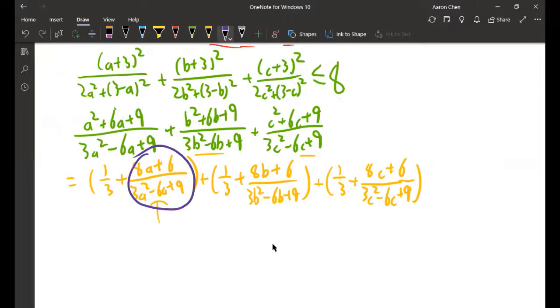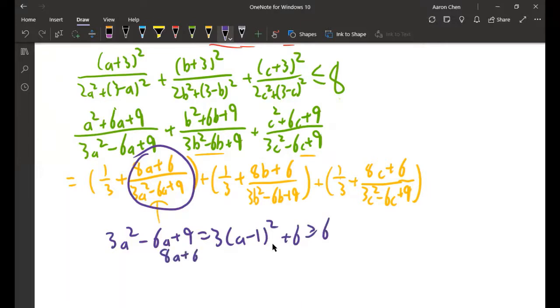Looking at these terms, 3a squared minus 6a plus 9 is equal to 3 times (a minus 1) squared plus 6, so this is at least 6. That means that (8a plus 6) over (3a squared minus 6a plus 9) is at most (8a plus 6) over 6. Since the denominator is at least 6, the maximum value of the fraction is when the denominator is at its minimal value.